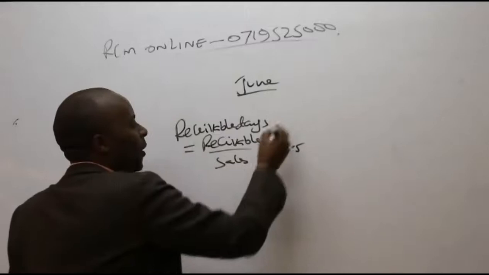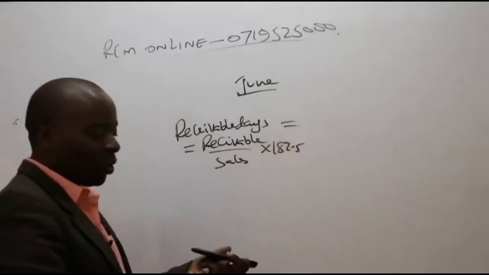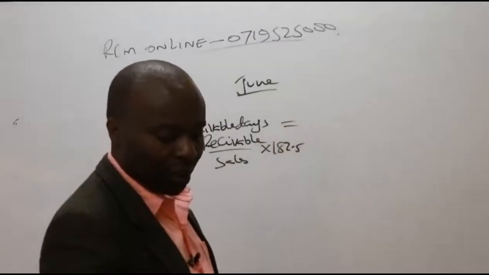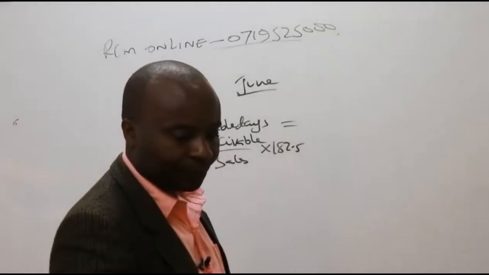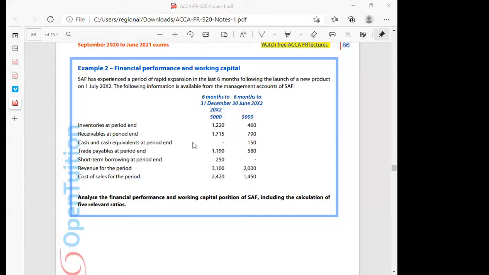For June, I will look for the receivable asset, which here is 790.